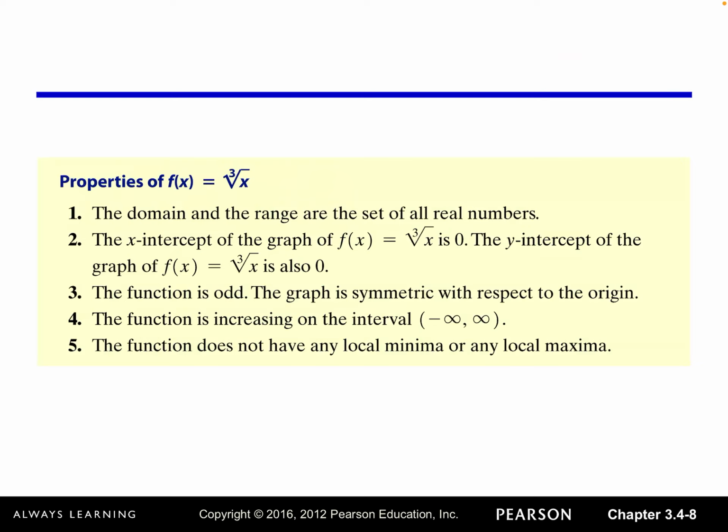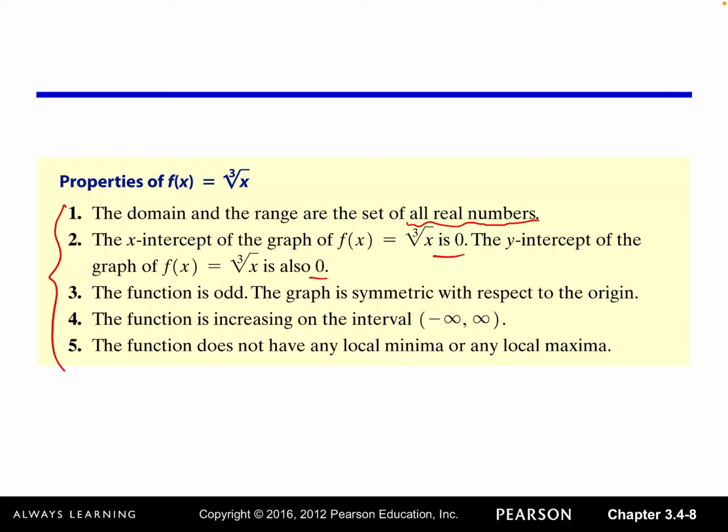Based on what we already talked about, we can summarize all the properties of the third root function here. Domain and range are all real numbers, which we talked about earlier. Both the x and y intercepts are at the origin 0, 0.